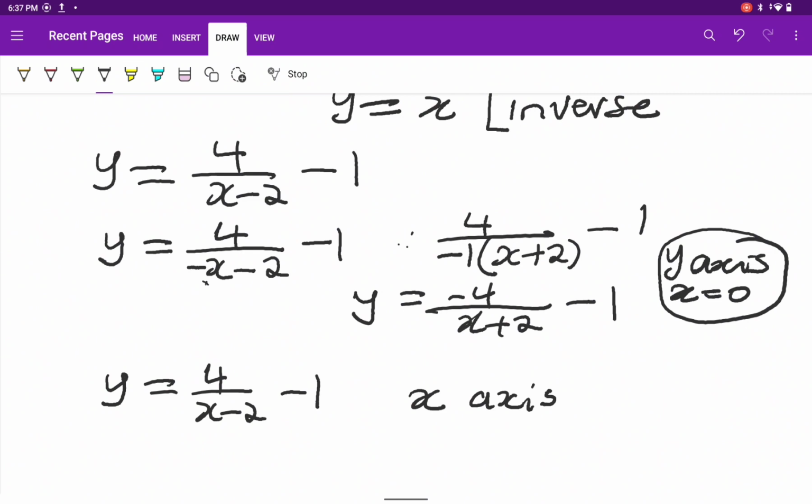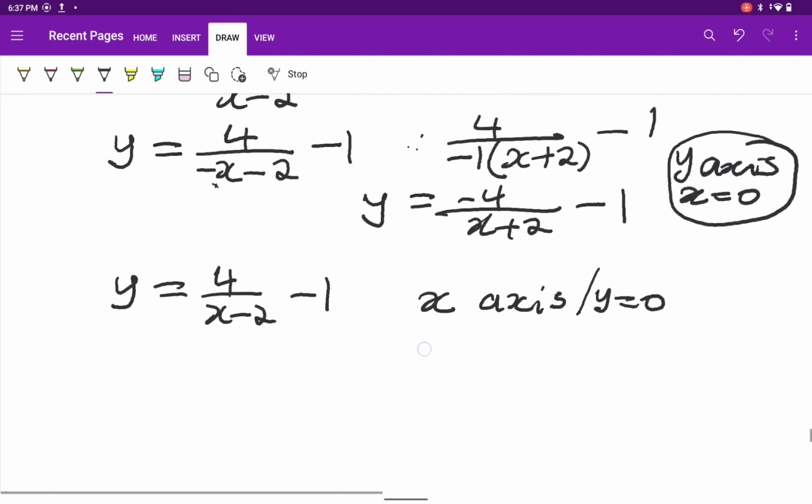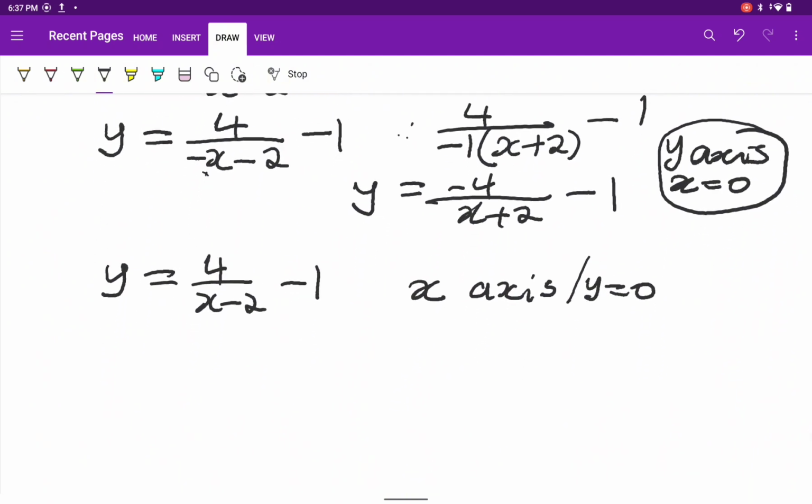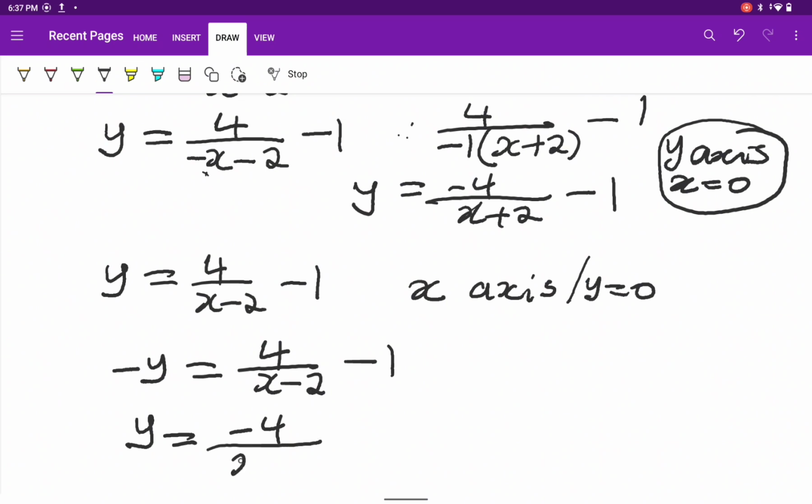Now when we reflect it along the x-axis, or the equation y equals to 0, we are going to have, right, the y will change the sign, so we will have a negative y equals to 4 over x minus 2 minus 1. Now we always want to have y as a positive, so we'll multiply by negative 1 throughout. So the final answer will be y equals to negative 4 over x minus 2, and then this will be plus 1.